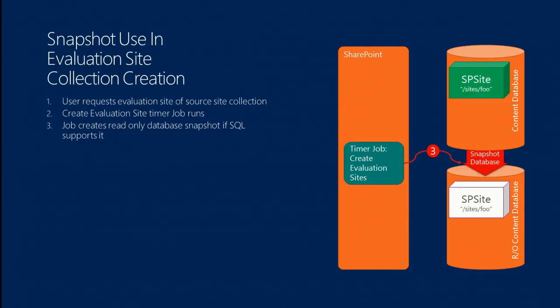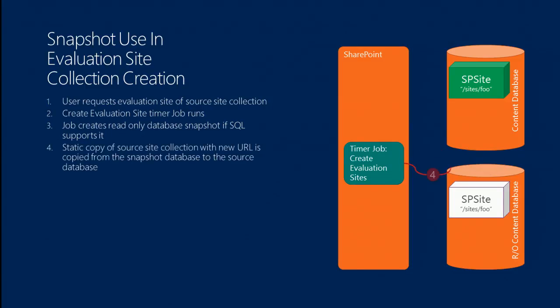Once it's made that snapshot, then it iterates through each of those site collections. And what it's doing is making a clone of that site collection. Down in the depth of how this product works, it's very much like the Move-SPSite command, copying data from one set of tables to another set of tables between two databases on the same SQL server.